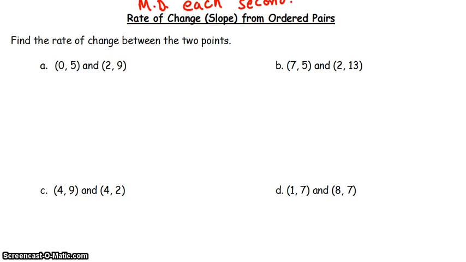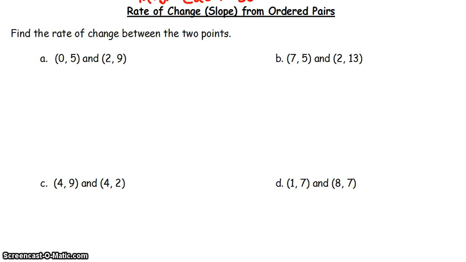Next, this is getting much more to the heart of what we're going to be doing, our actions that we'll take in class. Oftentimes I'm going to ask you to find slope or rate of change, because remember, those words are interchangeable, between two ordered pairs. So far we found it from graphs and we found it from tables, but we haven't found it from ordered pairs.